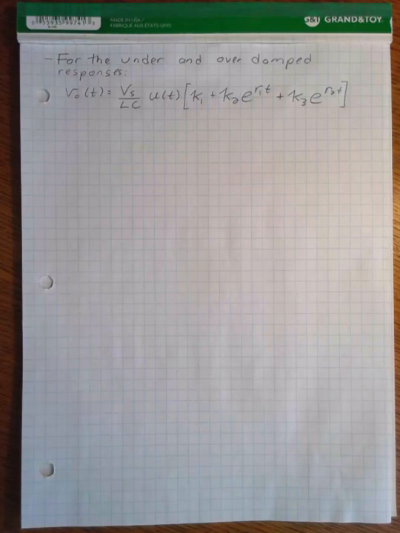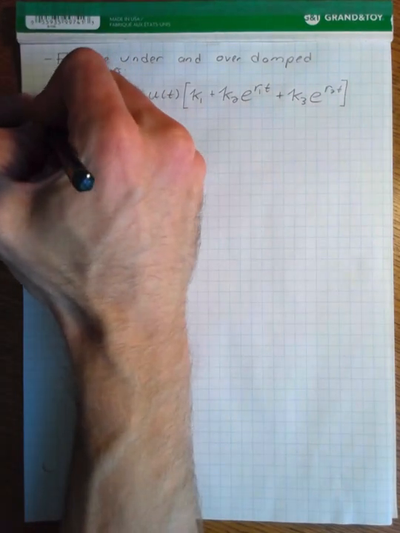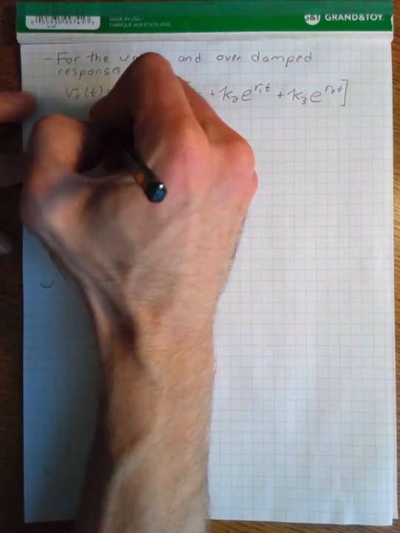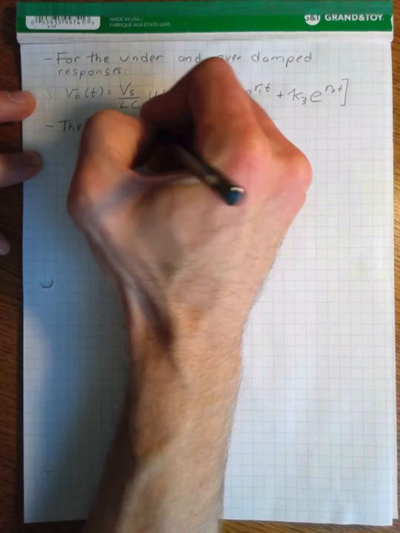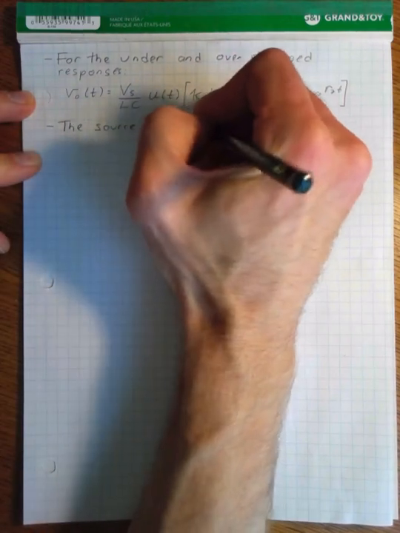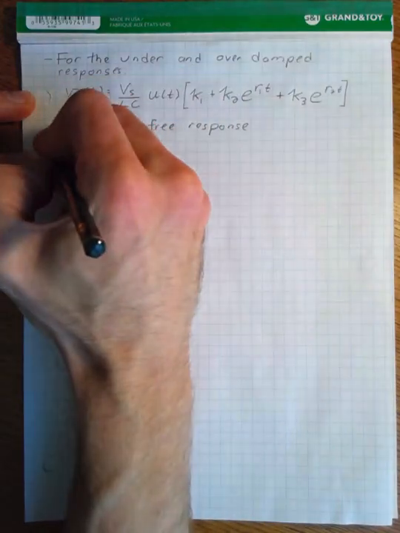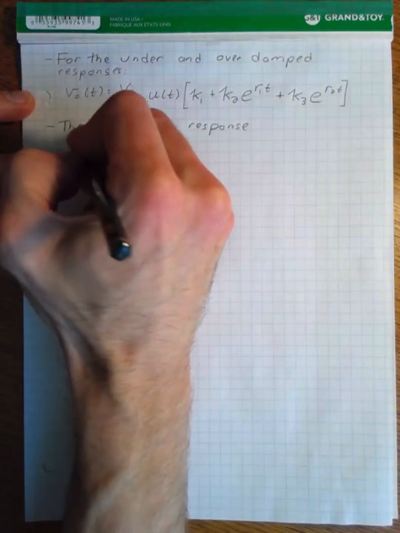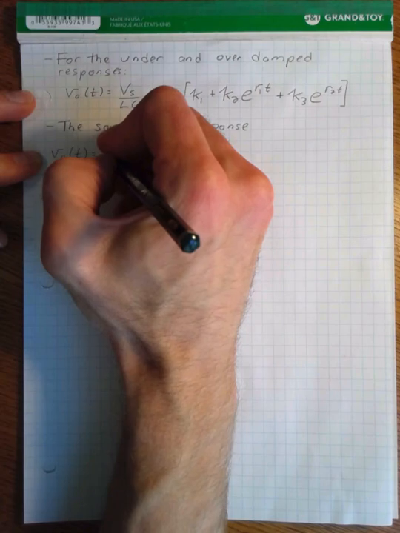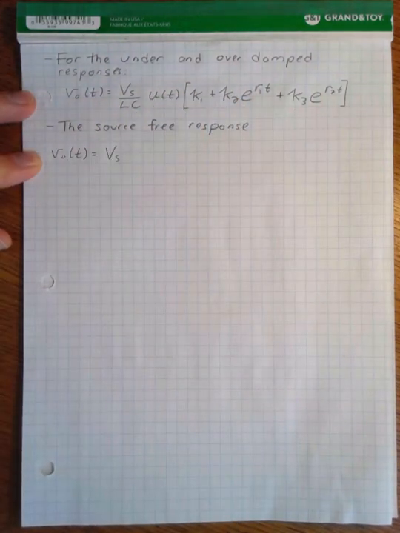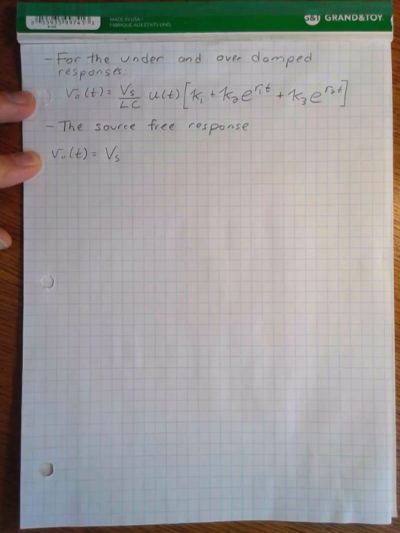The overall expression is the same, so the source-free response is equal to our offset of Vs plus the response to the negative step function.